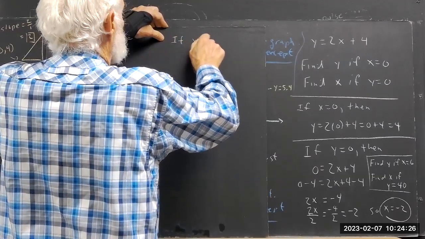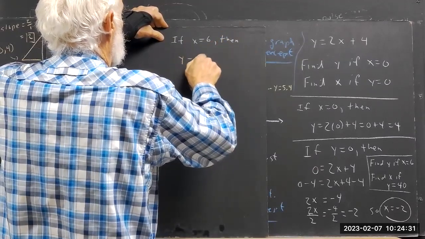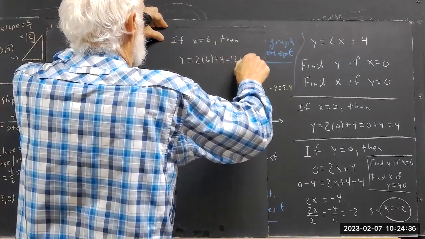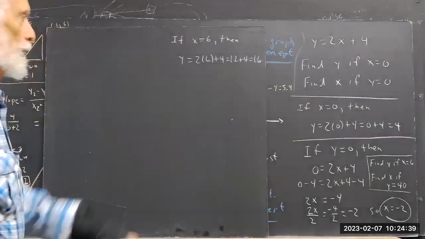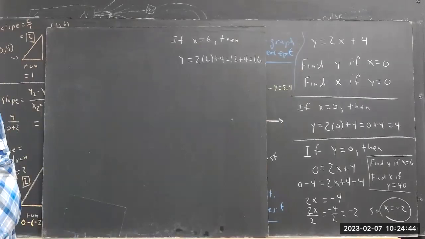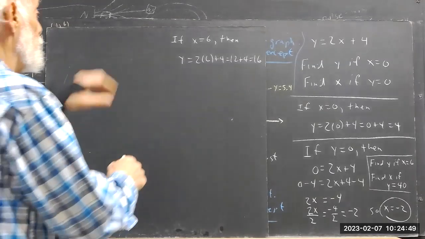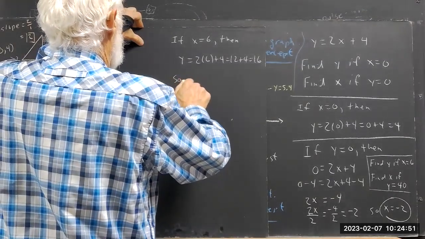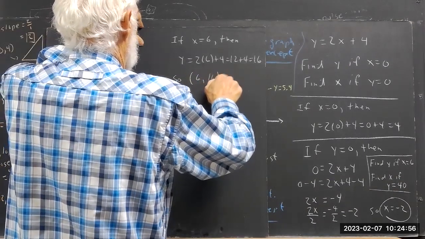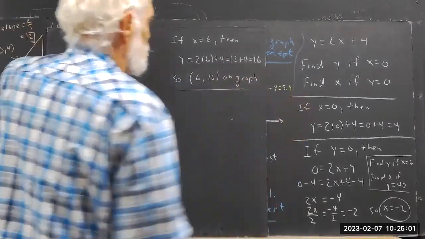Okay, if x equals 6, that's 16. Now, conclusion, and many of you wrote out the conclusion. I didn't ask you to do that, but it's great if you did. That gives you a point on the graph, (6, 16).